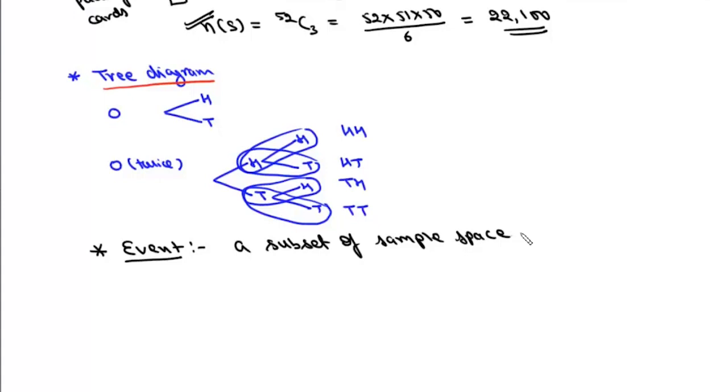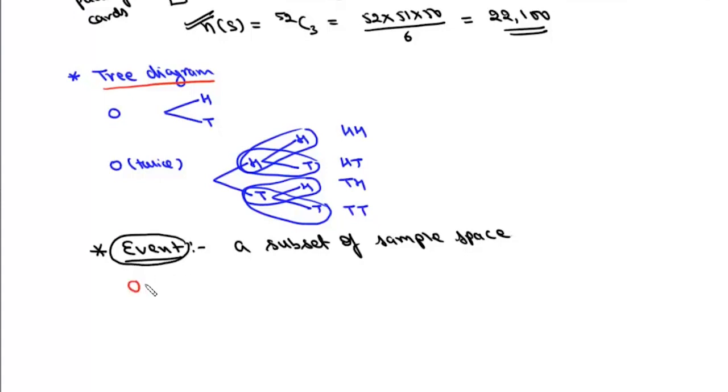Suppose India plays Pakistan, and we know that there are 3 results possible: India wins, India loses, or there is a tie. These are all the possible outcomes. But what we are more interested in is the probability that India wins, or the probability that India does not lose. So when we conduct a random experiment, our area of focus is the probability of something happening or not happening, and that thing is called an event.